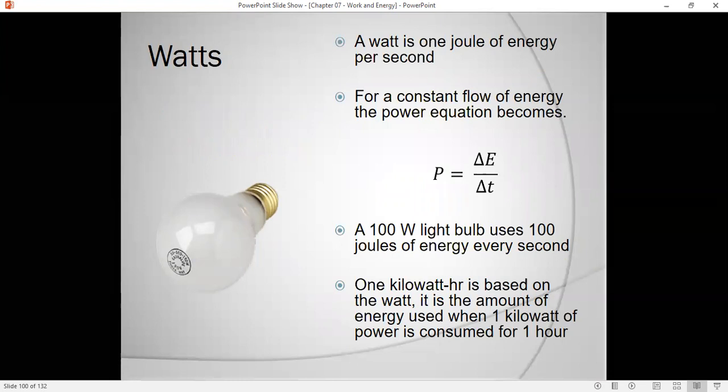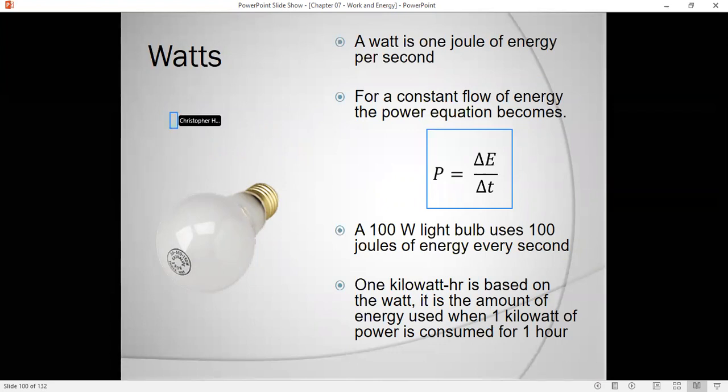All right, so 1 watt represents 1 joule of energy used every second. So if the flow is constant, we can use this equation right here: P is equal to delta E over delta T. So if we want to calculate how much energy a 100-watt light bulb uses, we'd rewrite this.